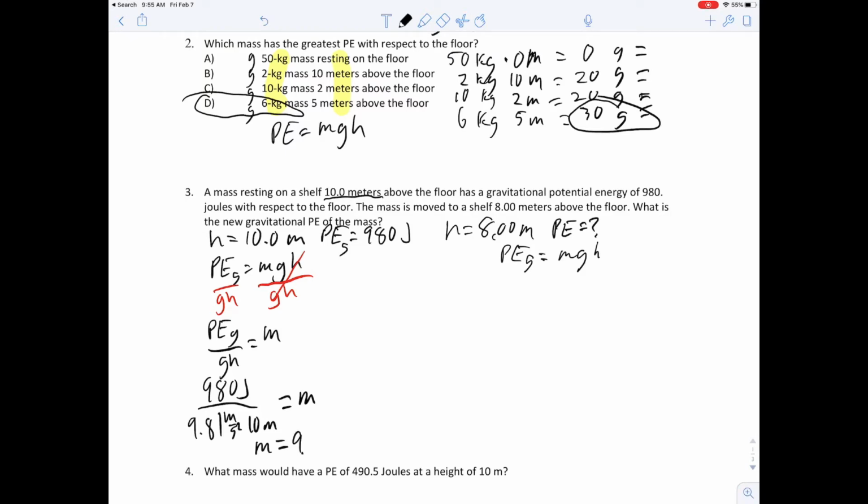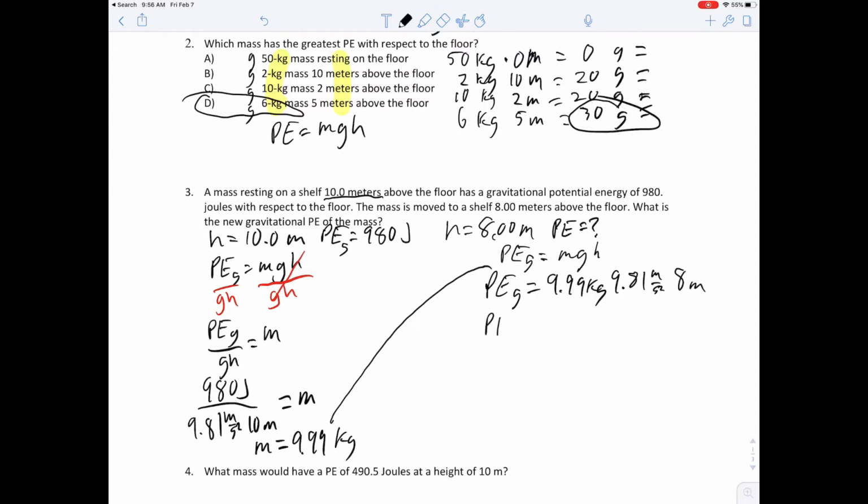Put that in your calculator, and we get 9.99 kilograms. Then we can bring this all the way up here: 9.99 kilograms times gravity times the new height, 8 meters.